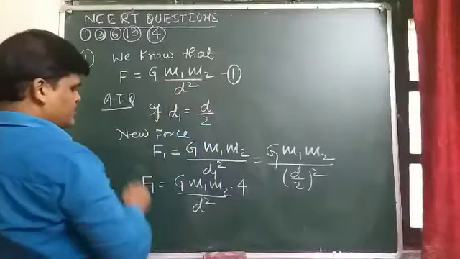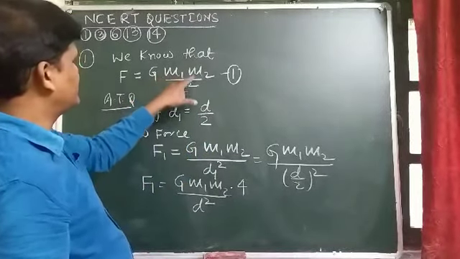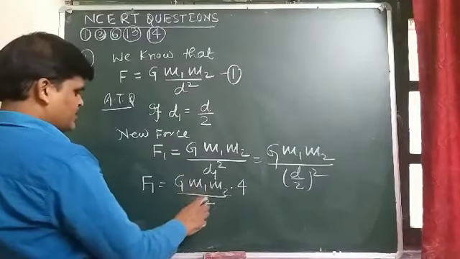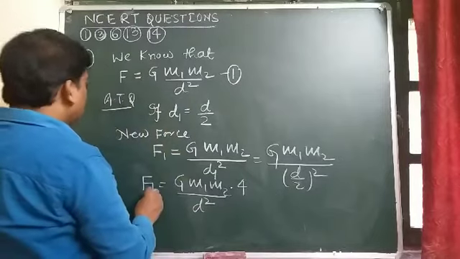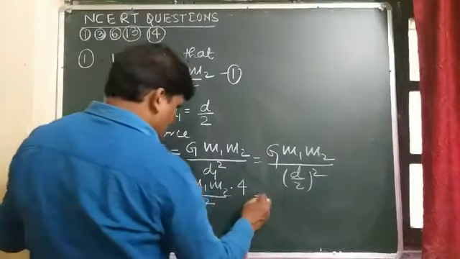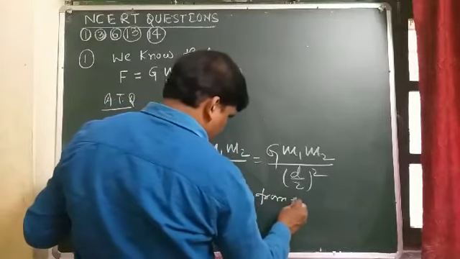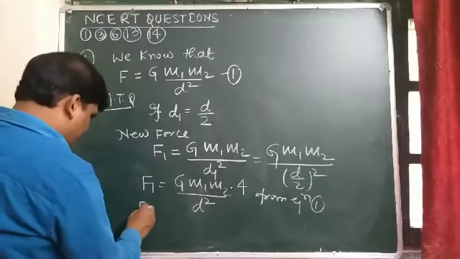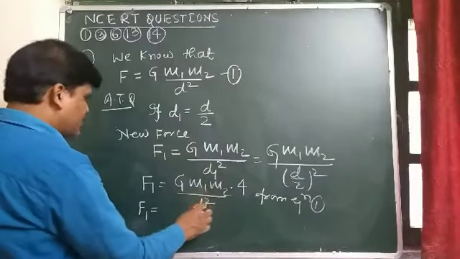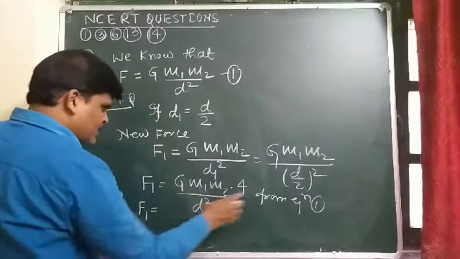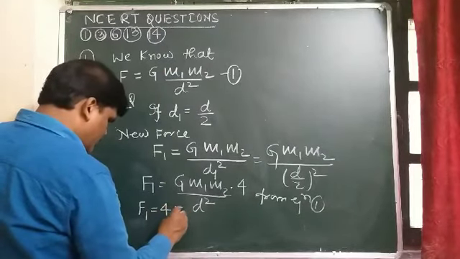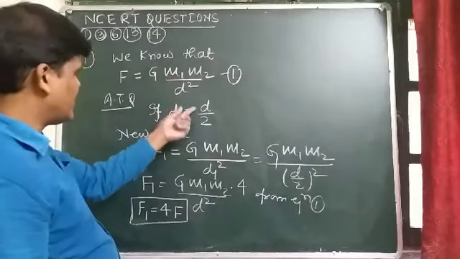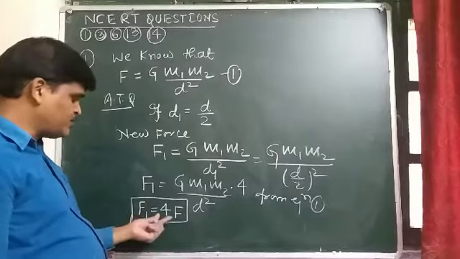From equation 1, see, G m1 m2 by d square is the initial force, so in place of G m1 m2 by d square we put capital F. So F1 comes out to be 4 into F. So if the distance between two objects is reduced to half, the gravitational force becomes 4 times.